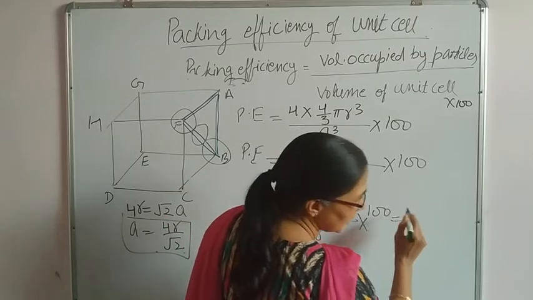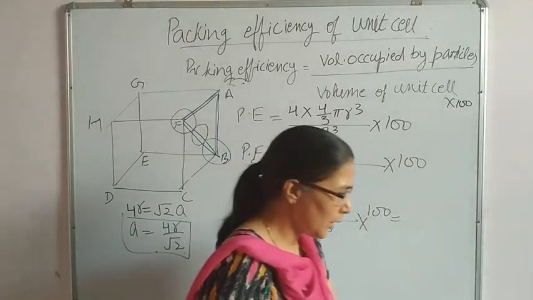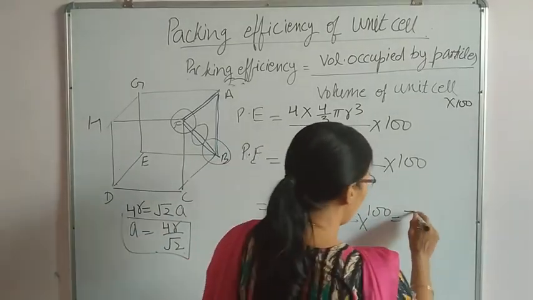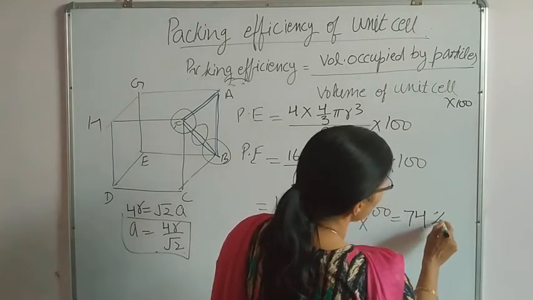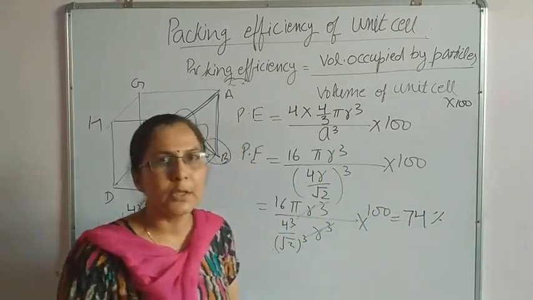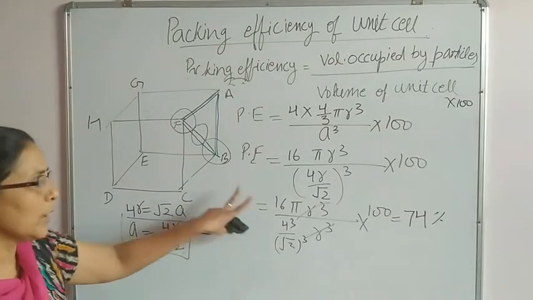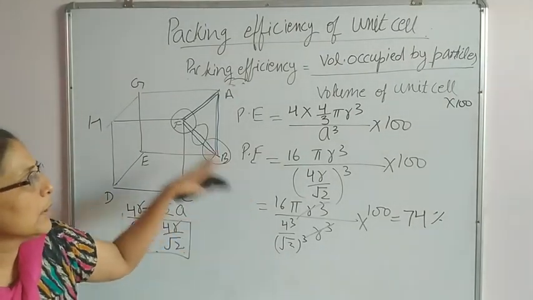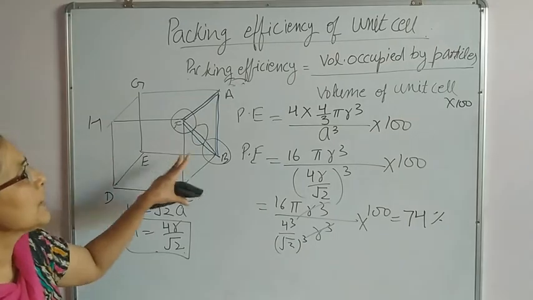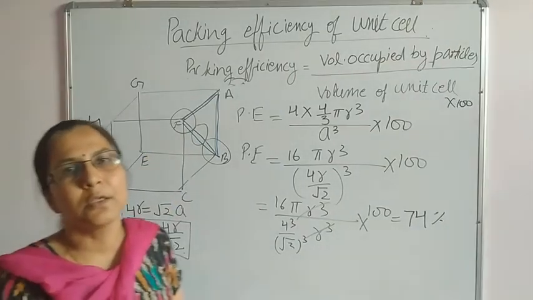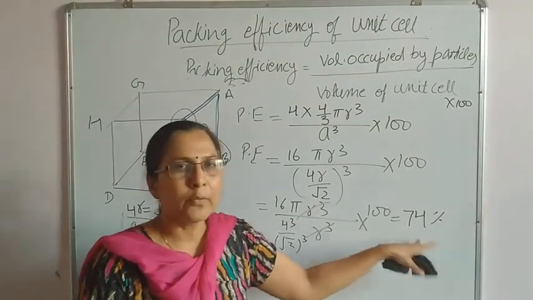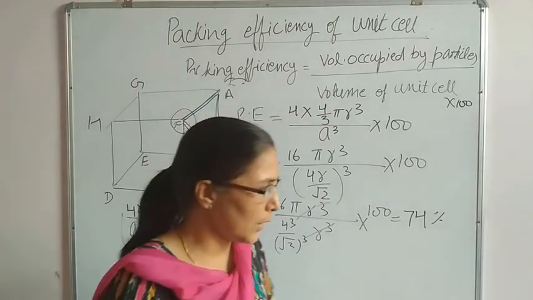You need to calculate it and it will come nearly 74%. So these data, 52.4% and 74%, you need to learn. So the packing efficiency of the face-centered cubical cell is 74%. I hope that is enough for today.